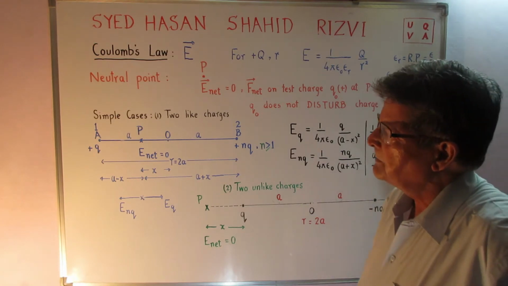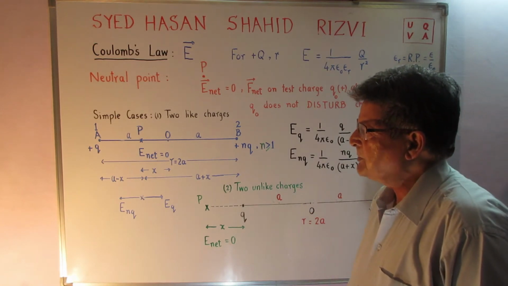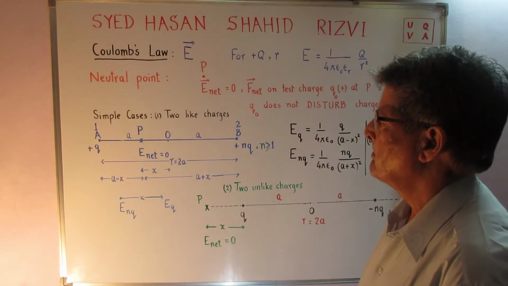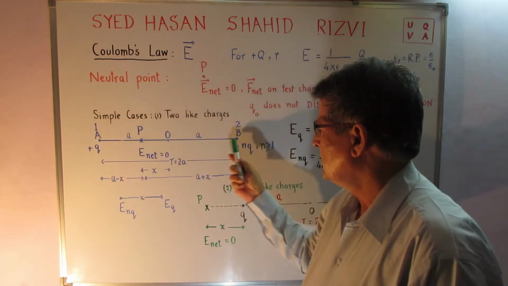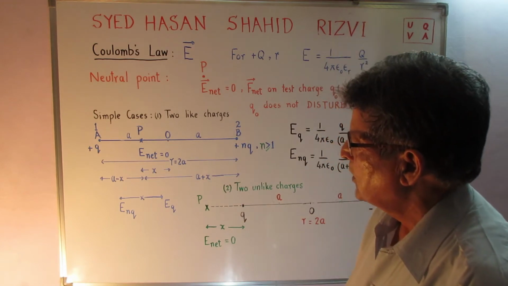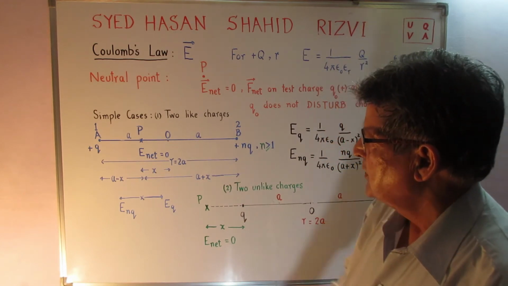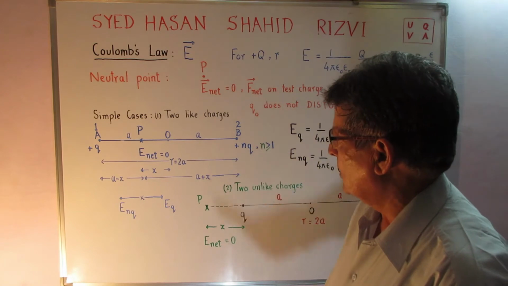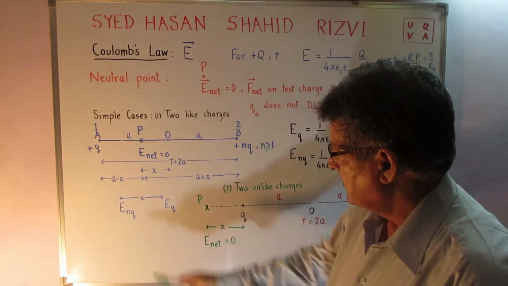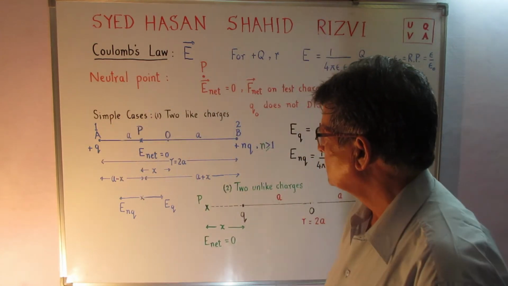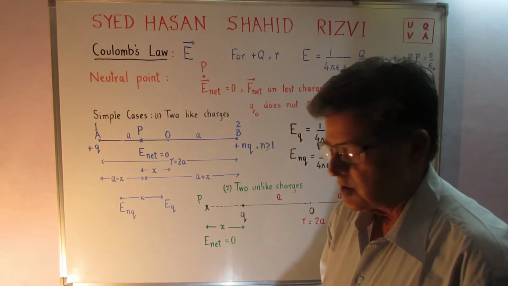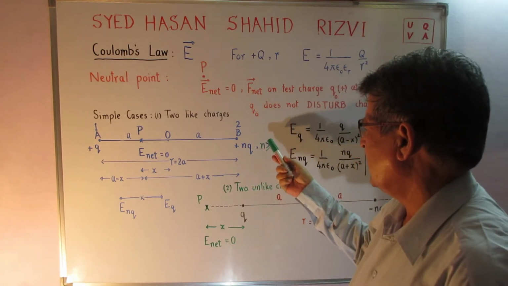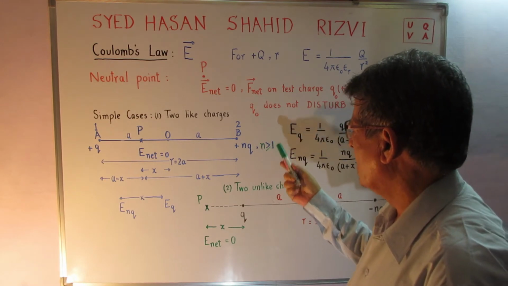Now let us take a very simple ensemble. There are 2 points A and B, where I put 2 charges, Mr. 1 and Mr. 2. Mr. 1 is plus Q and Mr. 2 is plus nQ, where n I have just taken as greater than or equal to 1.